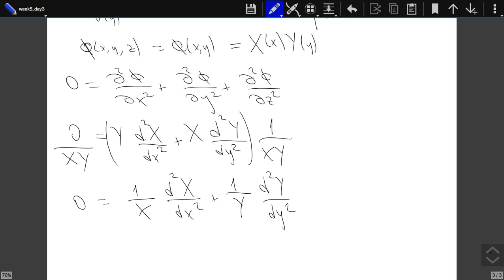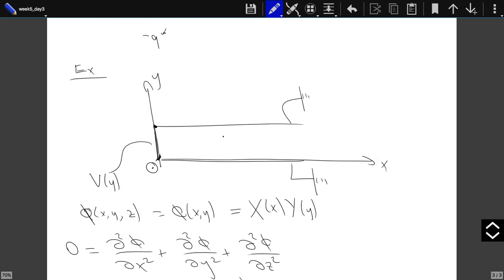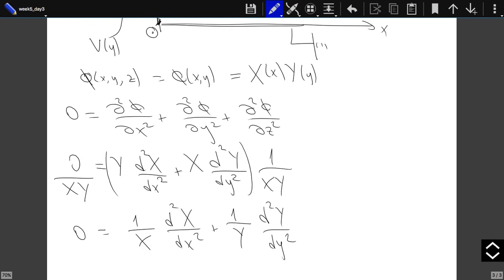Of course, at every point in our region, so we have a region where we are trying to solve for the potential, at every point in that region, this condition should be satisfied. But you see, the first part over here depends only on the coordinate x, whereas the second part depends only on the coordinate y.